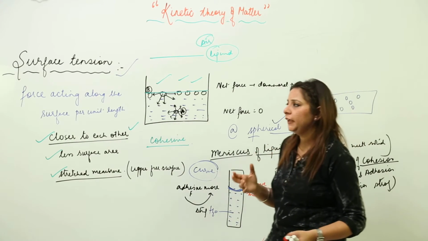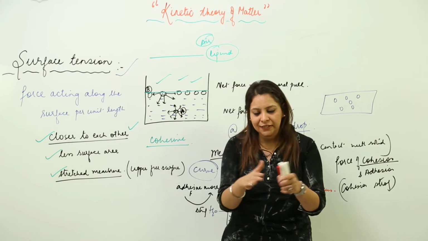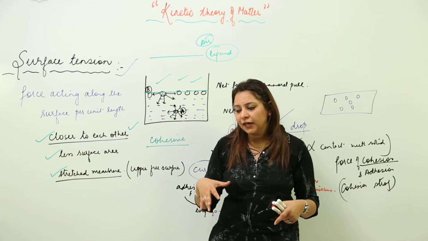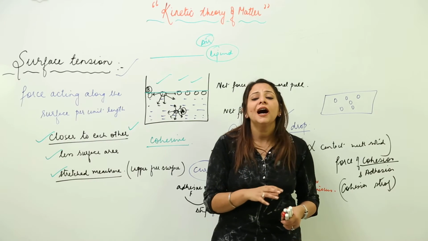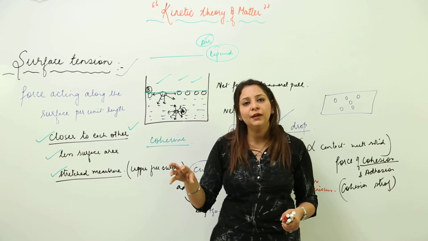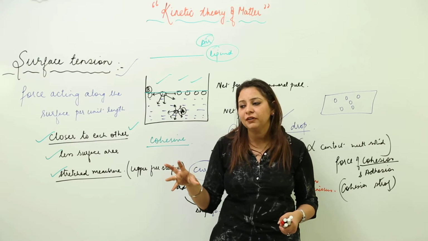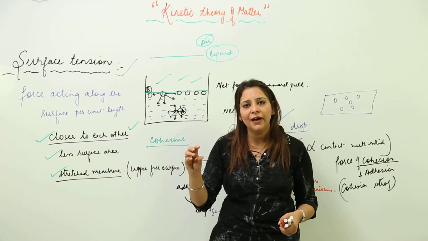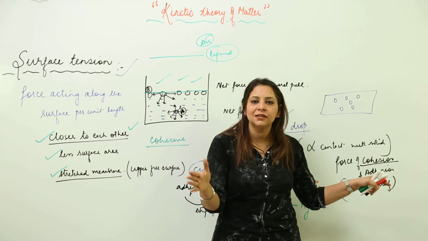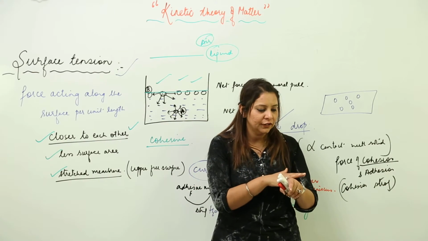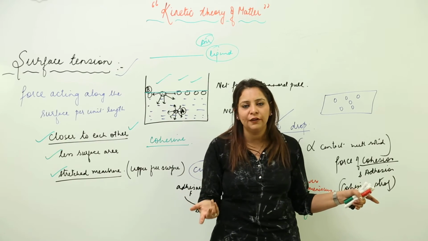So this I may explain to you, like suppose I take a glass and I pour mercury on it and I pour water on it. After some time I will see that the mercury will acquire a small droplet kind of structure, and the water remains scattered, just as it was poured earlier.